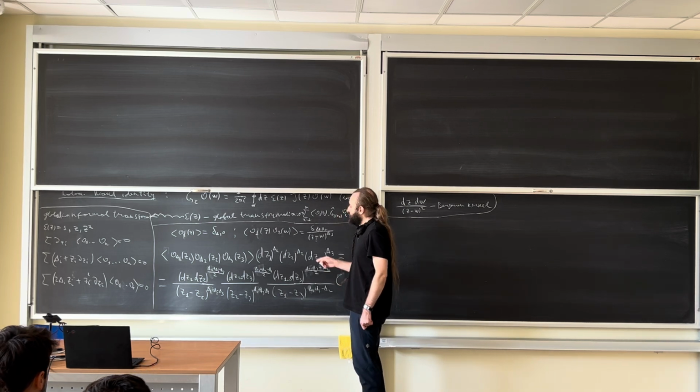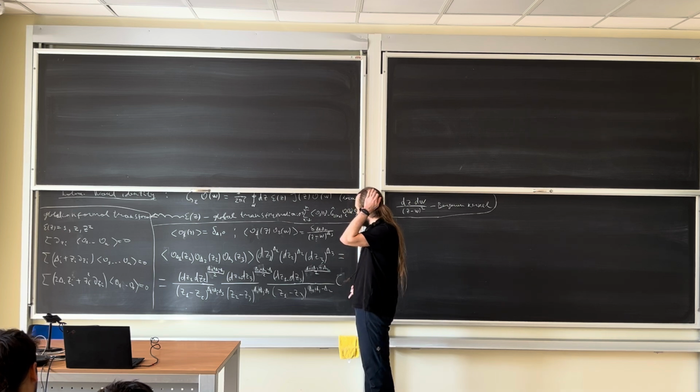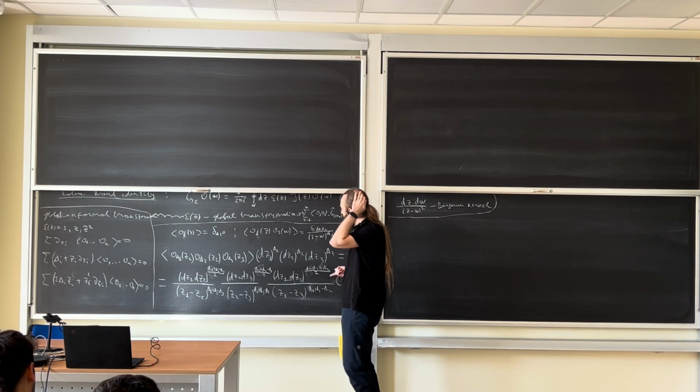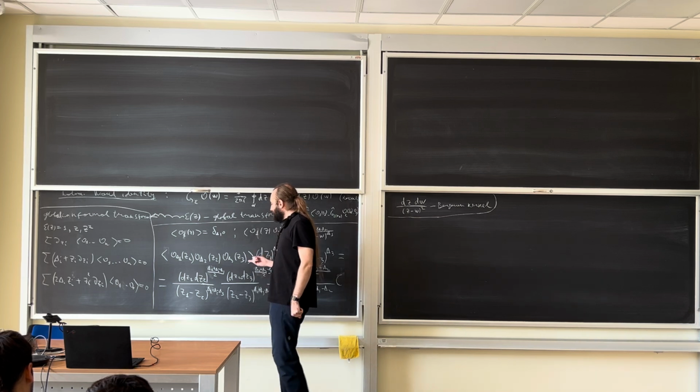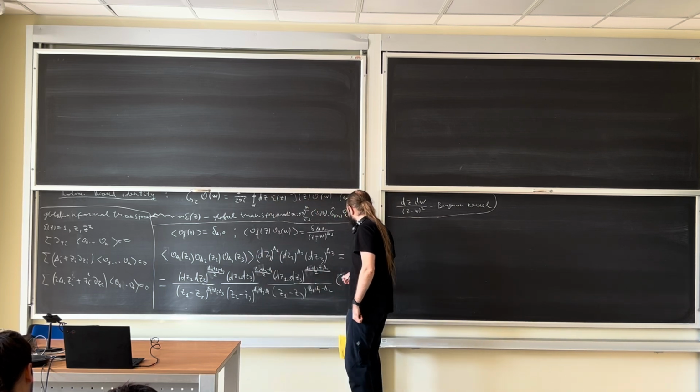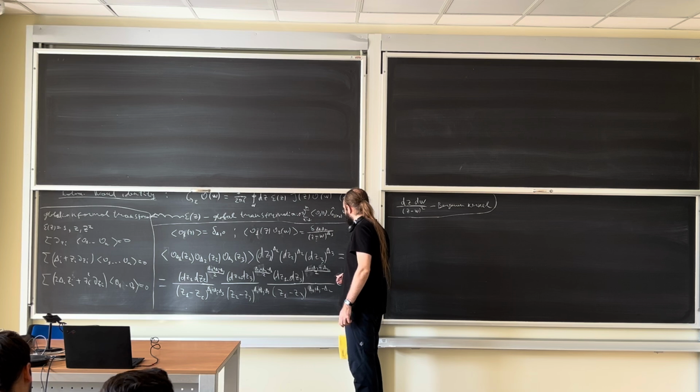It means that this remaining 3-point correlator should be proportional to some number which cannot be removed by rescalings.